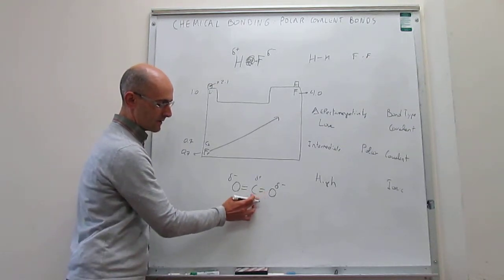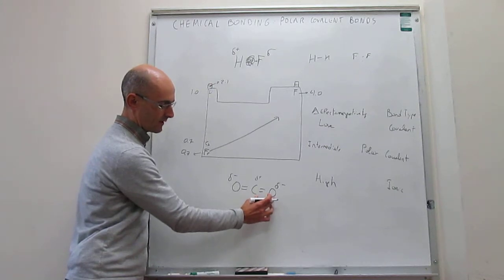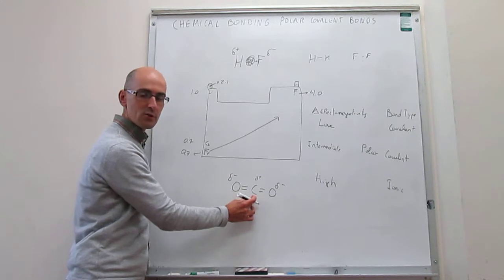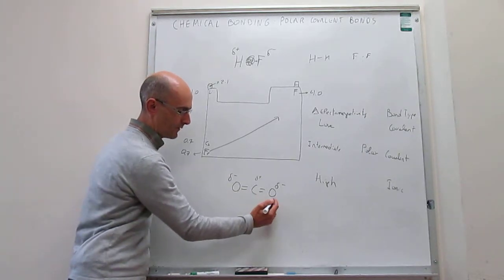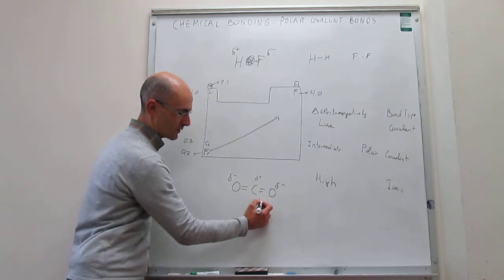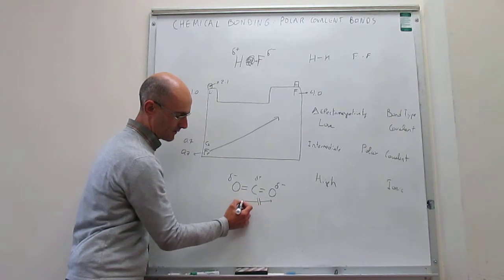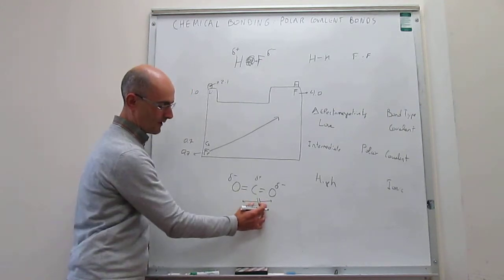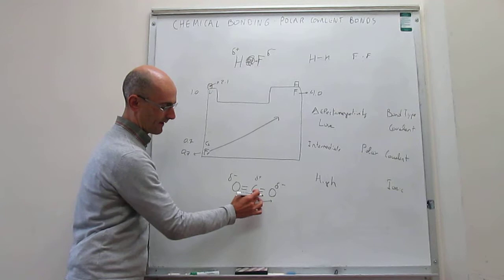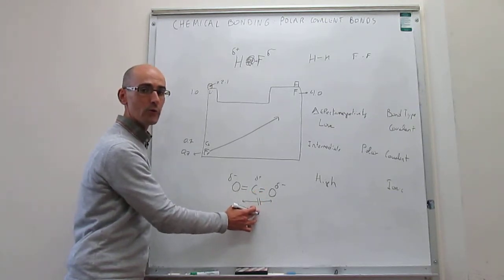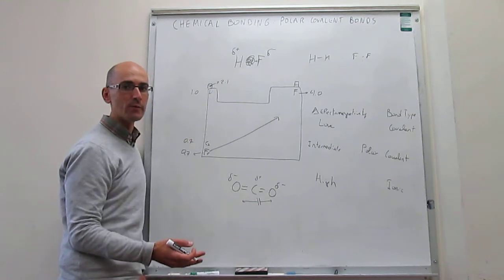So this bond that you have right here between this carbon atom and the oxygen atom is a polar covalent bond, and this bond is also a polar covalent bond. You have here the appearance of something that we call a dipole moment, which I'm going to draw as going from the positive end to the negative end, and from the positive end to the negative end. However, these dipole moments that you have in every one of the polar bonds cancel each other out, so that overall CO2 is not a polar molecule.